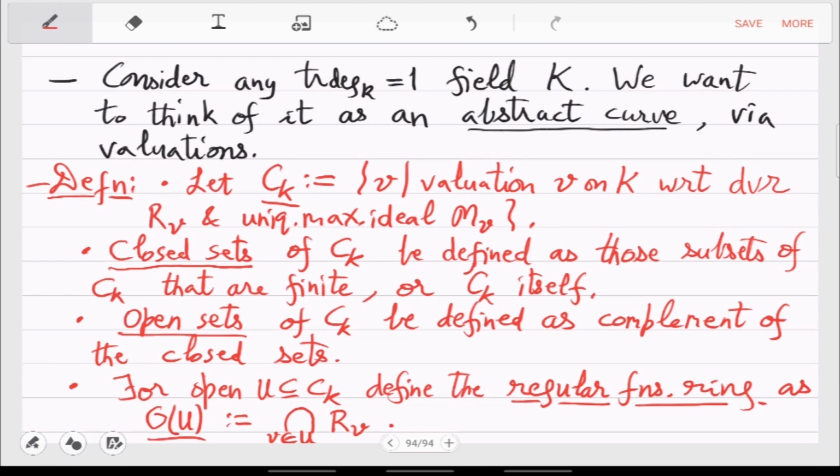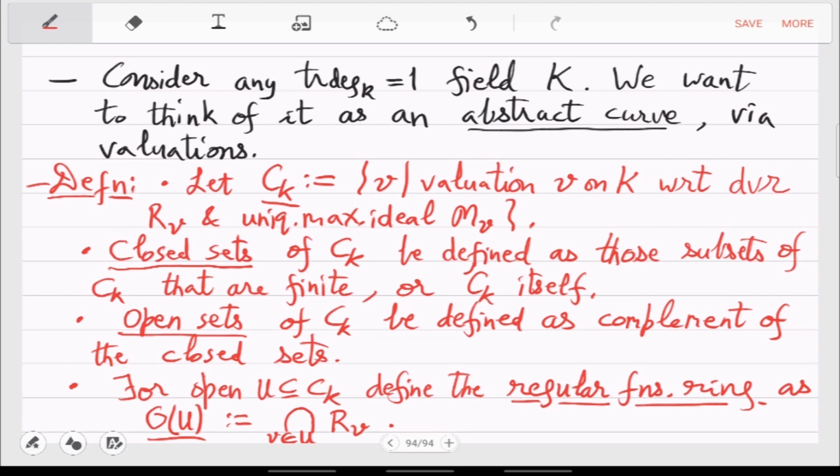So f modulo M_V will be in the residue field, which is small k. Okay, this is the insight. You think of these elements as functions on the curve, because at a valuation you can just go mod that max ideal, and so it becomes a constant.